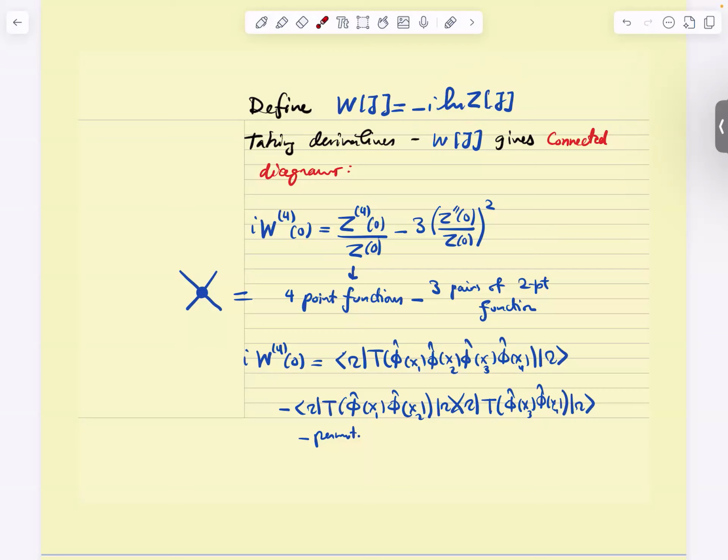But if you don't believe me, take 4 derivatives of this guy with respect to delta j, and you'll find that it's this. This is the 4-point function minus 3 pairs of 2-point functions, precisely the ones that we got in the free theory. So this is the connected piece: the 4-point function minus the 2-point, 2-point, and the other two permutations.